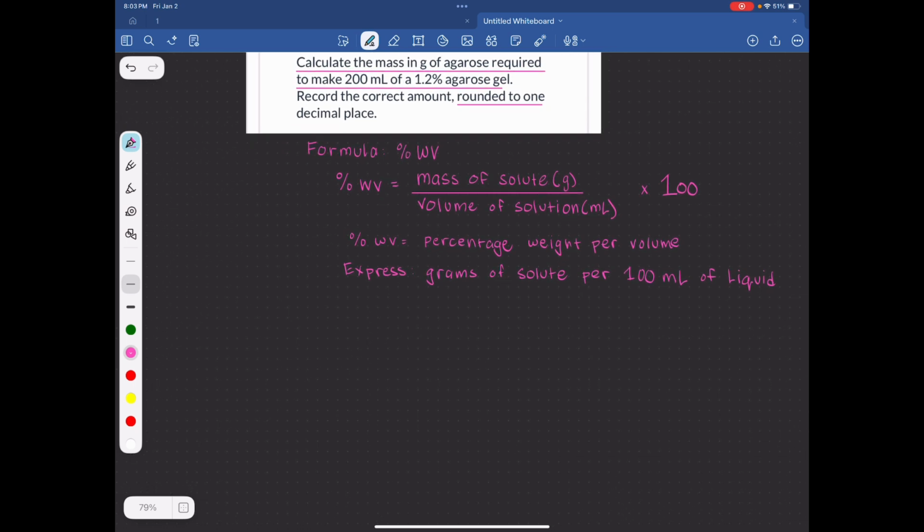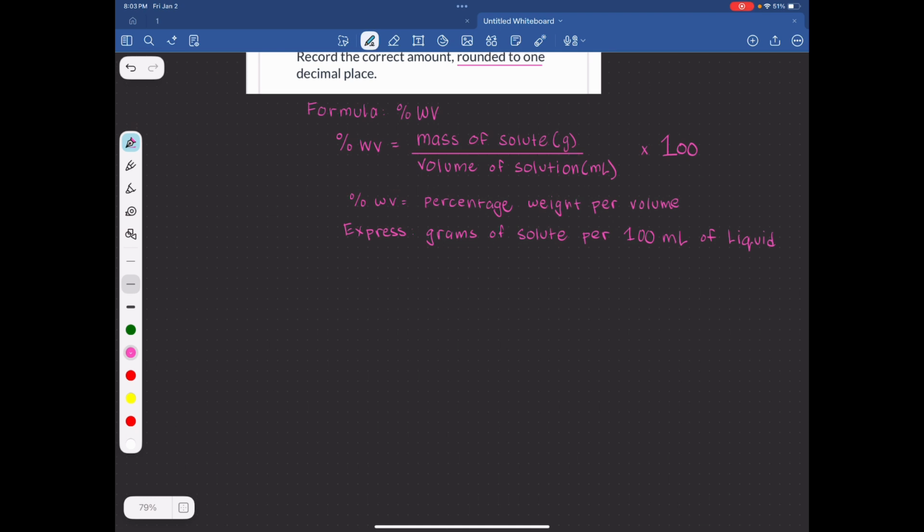All right, so let's look at what the data gives us. If we have our given data, we know that our percent weight times volume is going to be 1.2%.